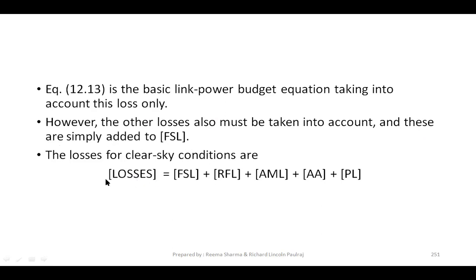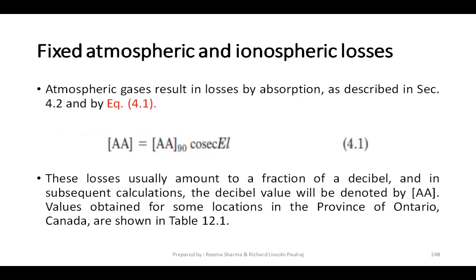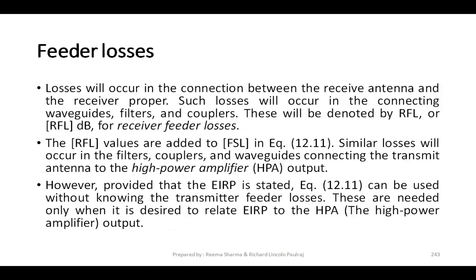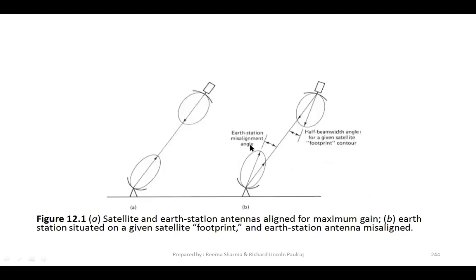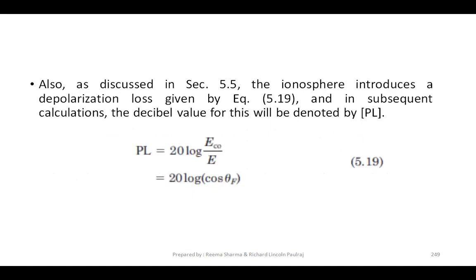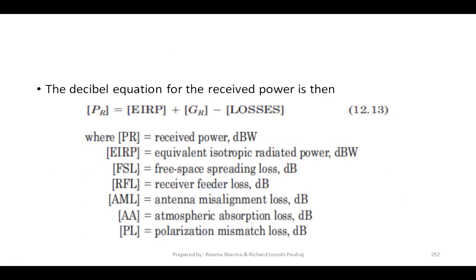So if you just consider loss, there's going to be free space loss, then RFL. What is RFL? We just saw it: receiver feeder loss. Then we also saw the atmospheric losses, AA, atmospheric loss, then polarization loss. So all these losses are adding up, and in short we call them losses.